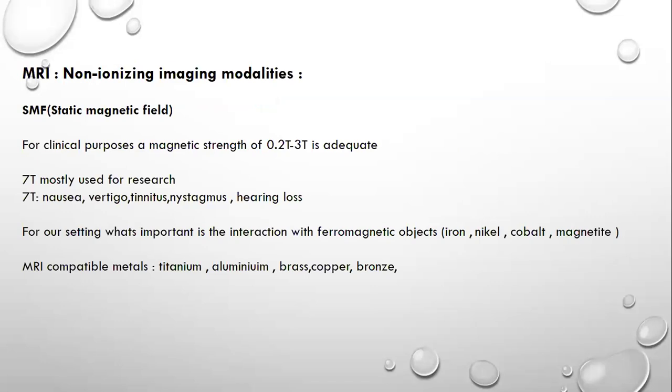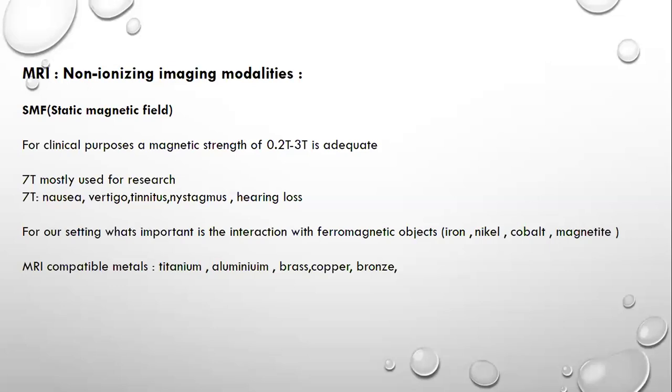For static magnetic field, basically we are referring to the magnetic strength. For clinical purposes, a 0.2 Tesla to 3 Tesla machine is adequate for diagnosis. In some countries like in Europe, they are using 7 Tesla for diagnosis, but ideally 3 Tesla and above should be used for research purposes.